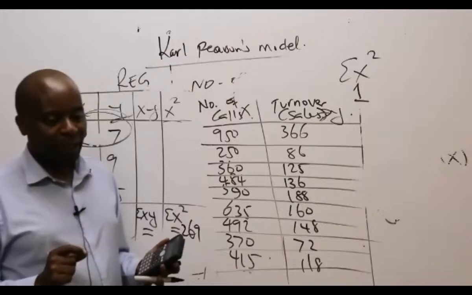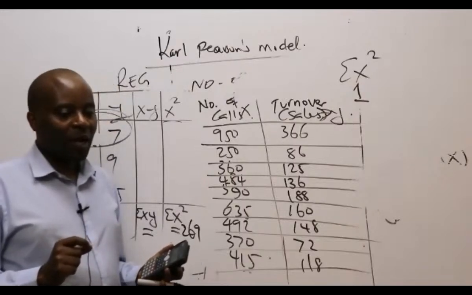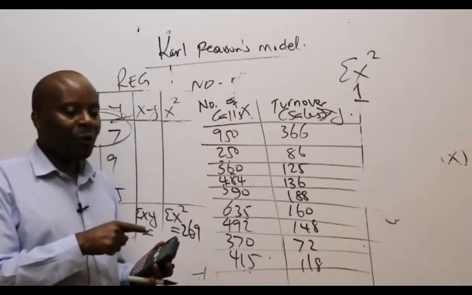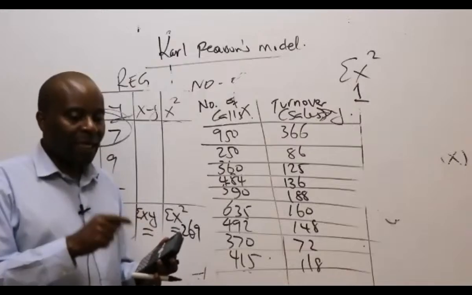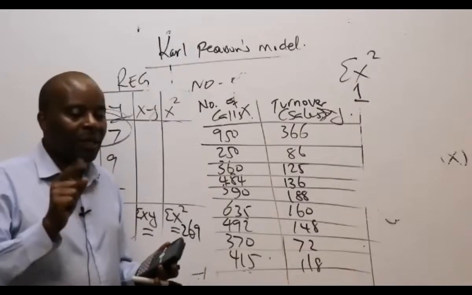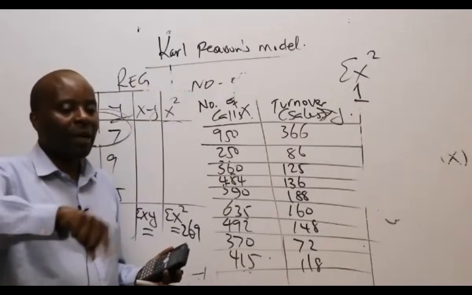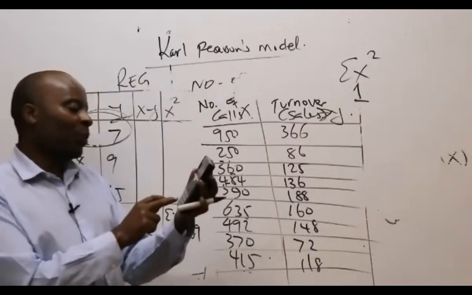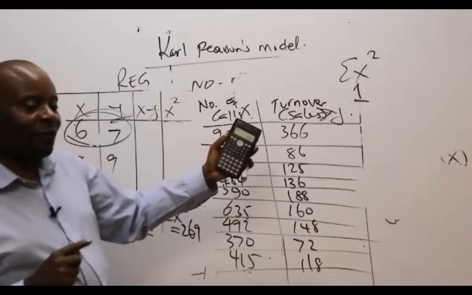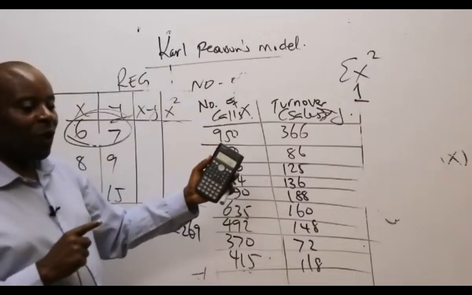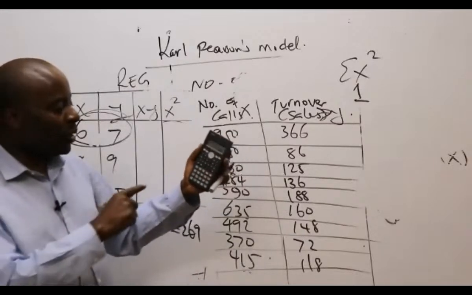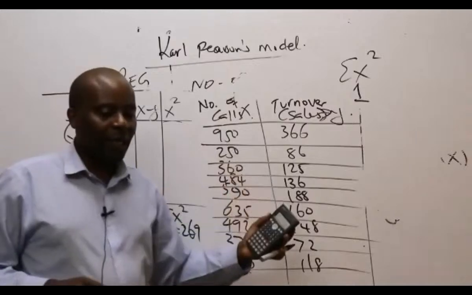Once I press shift 1, I'm able to see summation of x squared, summation of x and n. I'm interested in summation of x. Beneath the summation of x, I'm able to see number 2. So I press 2, and then summation of x is left alone on my screen. When it's left alone like that, I say equals to evaluate it.